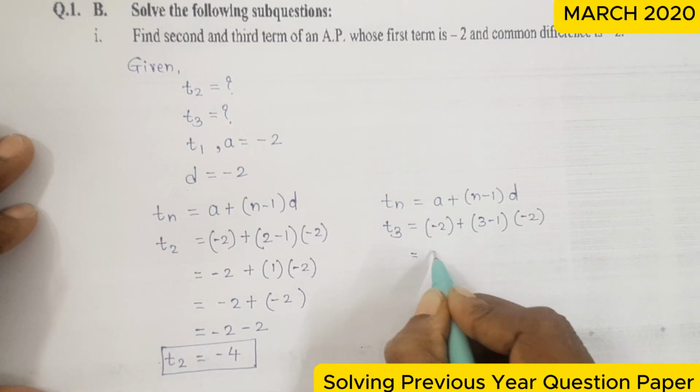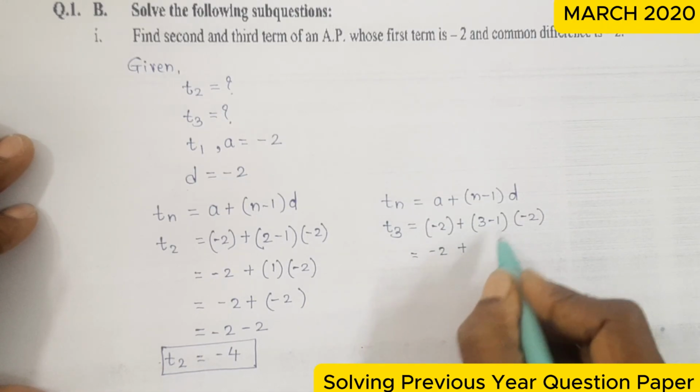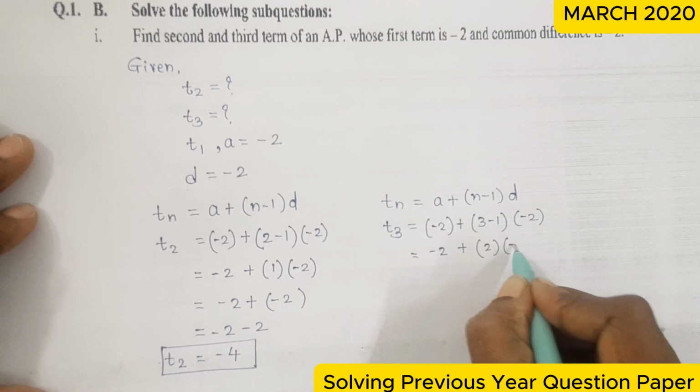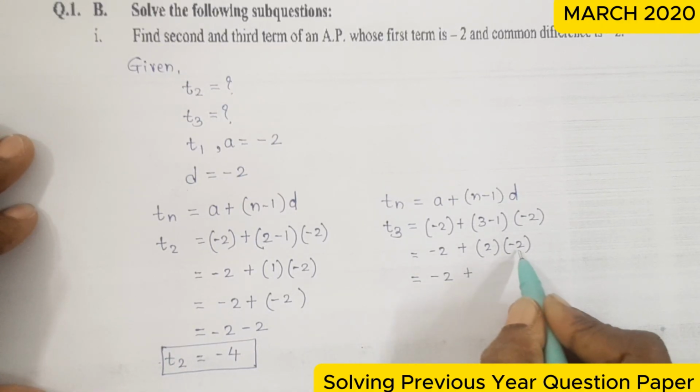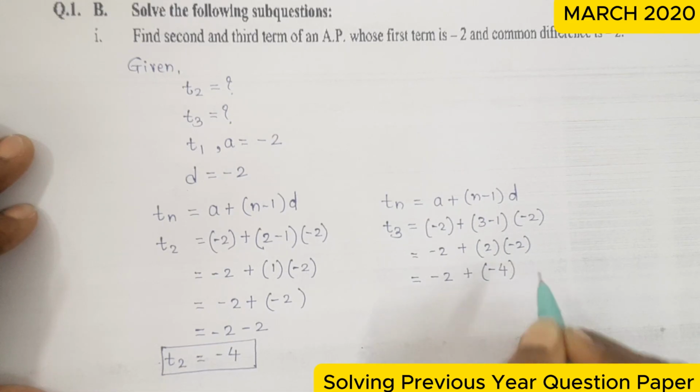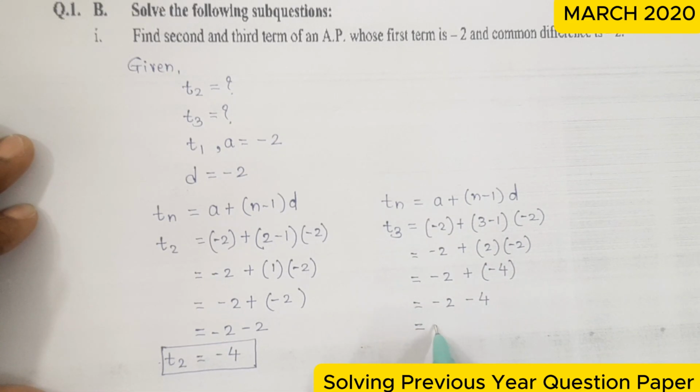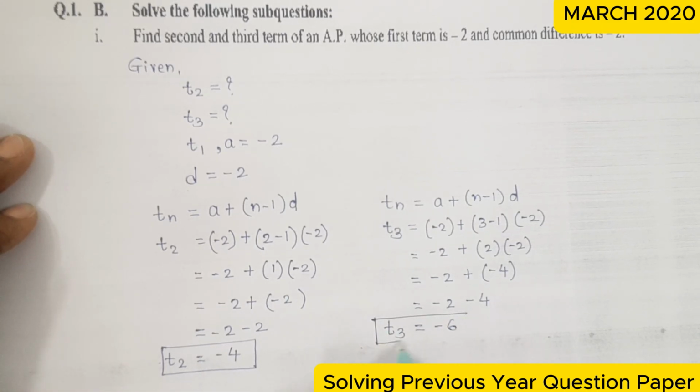So here -2 plus (3 minus 1), 2, and here (-2). So here students, -2 plus 2 times -2, that means here students -4, and then -2 -4, that means students here -6. So T3 is equal to -6.